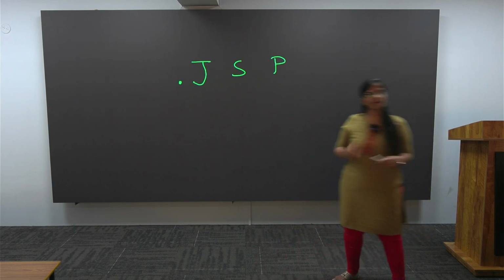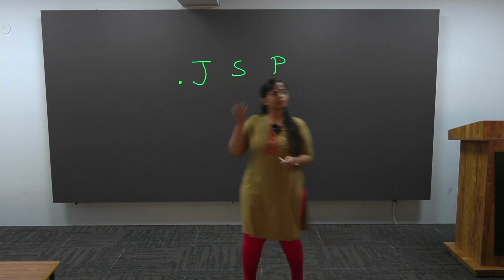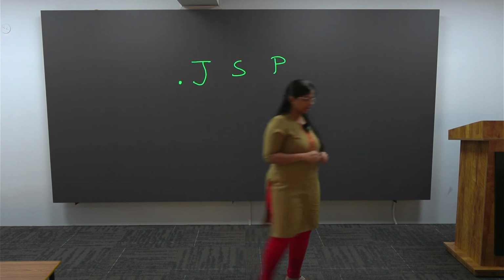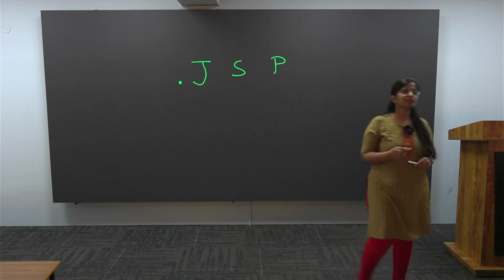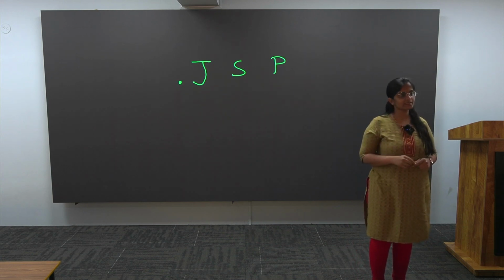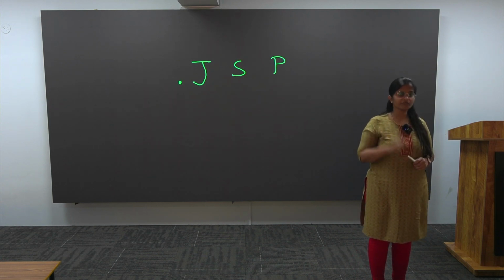But why exactly, when we can write a front end page in Java code itself, were we introduced to JSP? It is because whenever you want to write HTML code inside your Java code, was it an easy task? If you observe, double quotes were there, plus we used to use it.